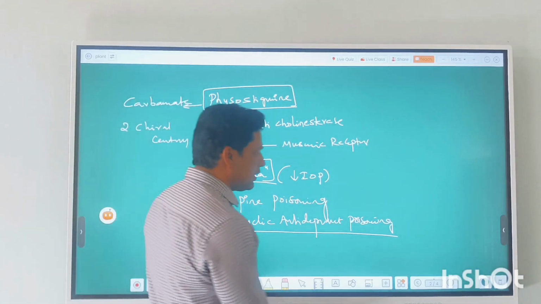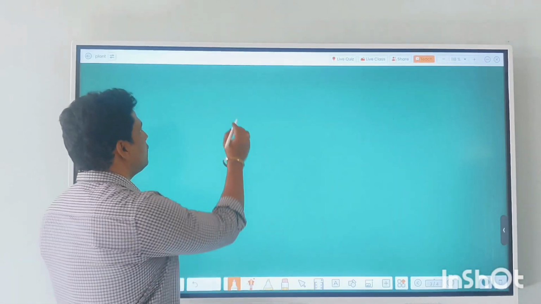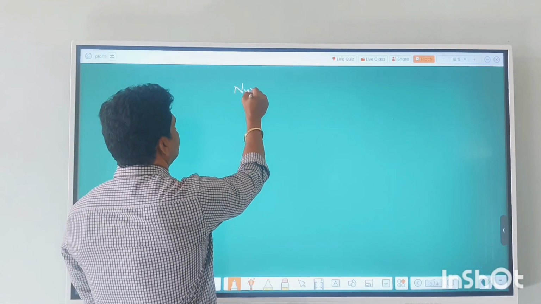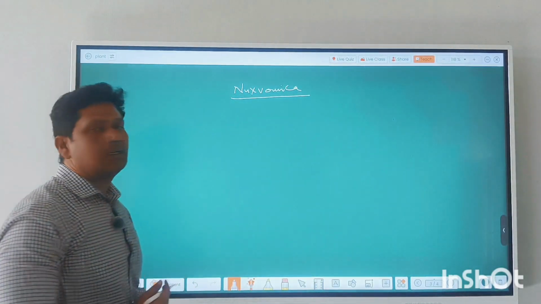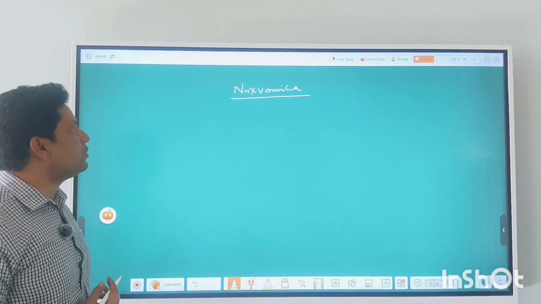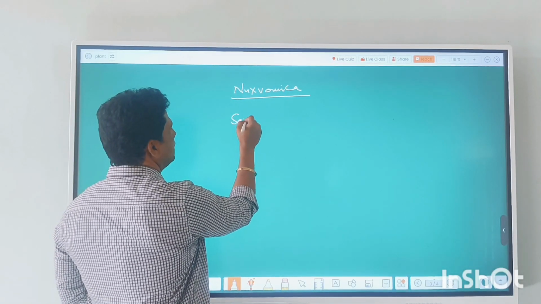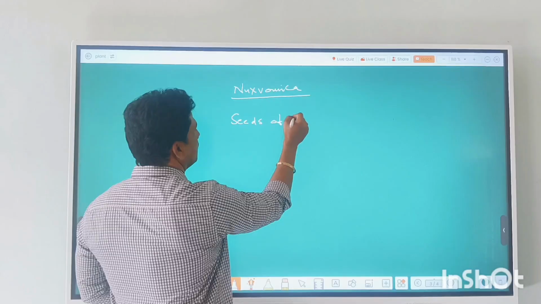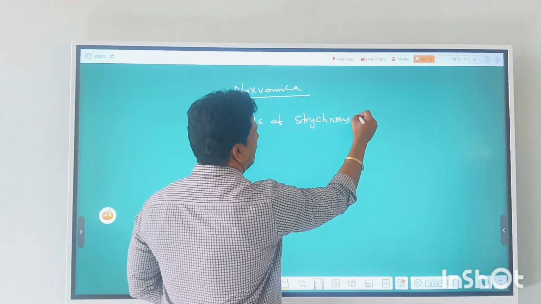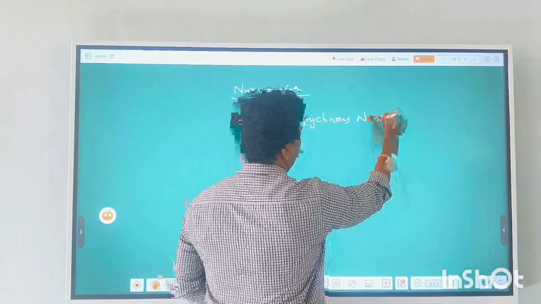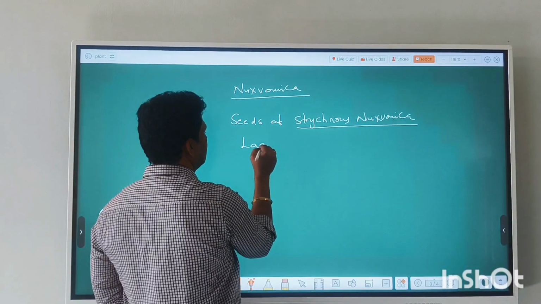And the next indole alkaloid is nux vomica. The biological source is dried seeds of Strychnos nux-vomica. The family is Loganiaceae.